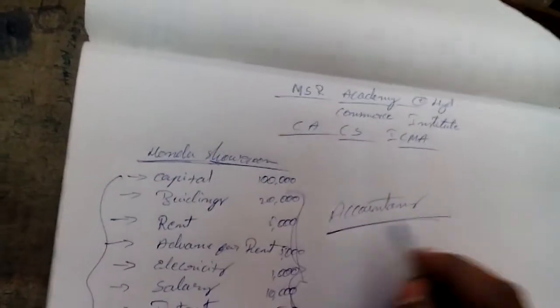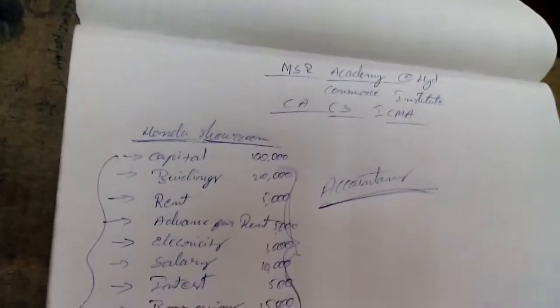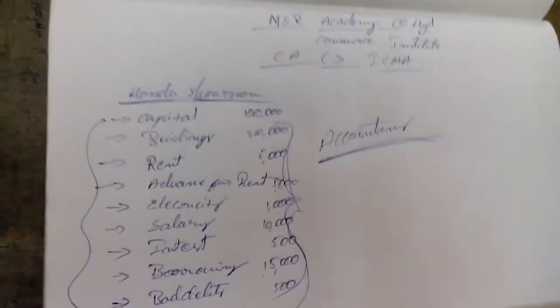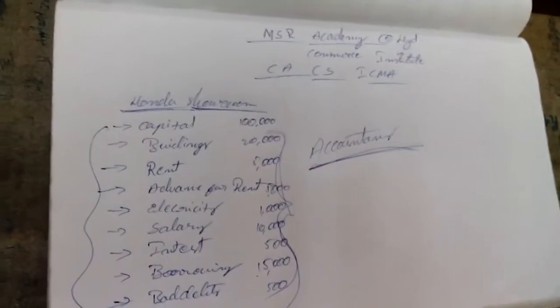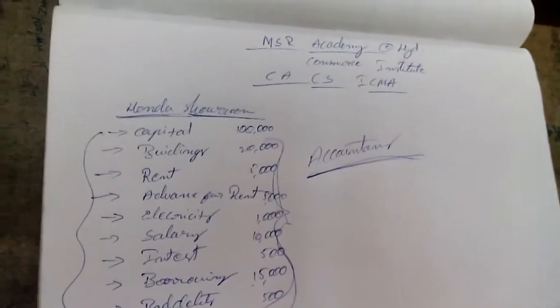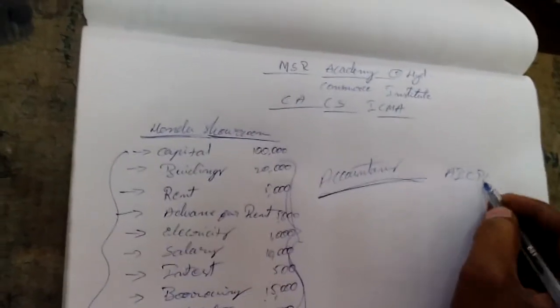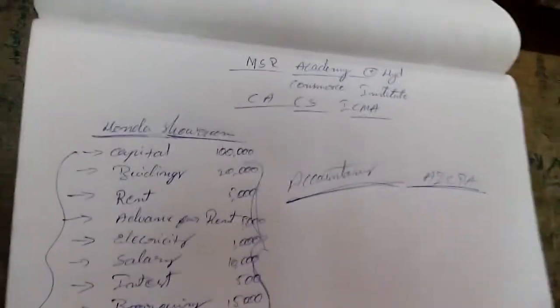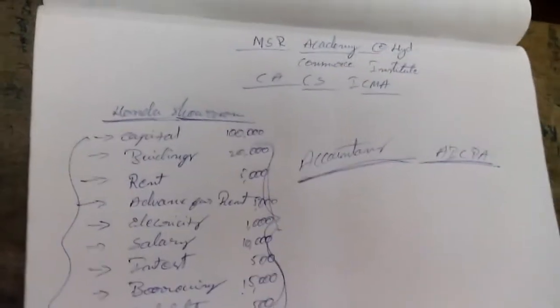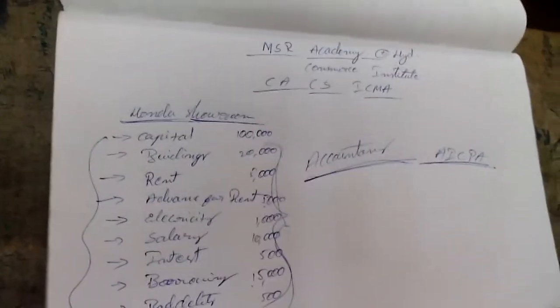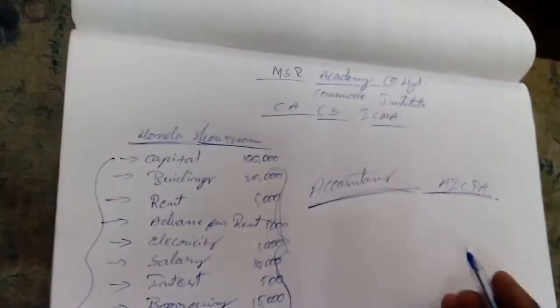So before going further, there is a definition given by the American Institute of Certified Public Accountants, AICPA, for accountancy.